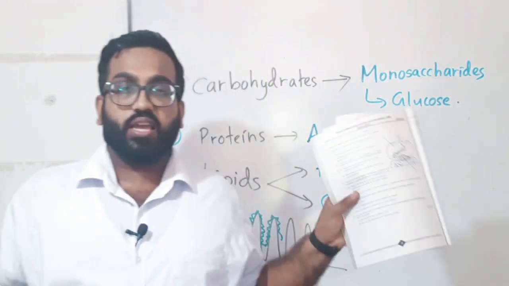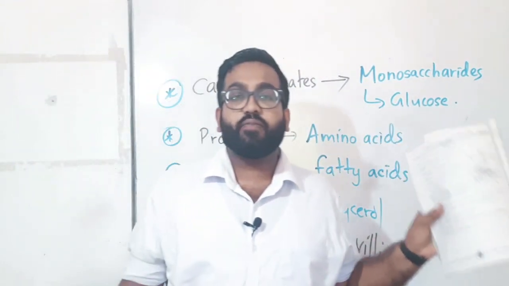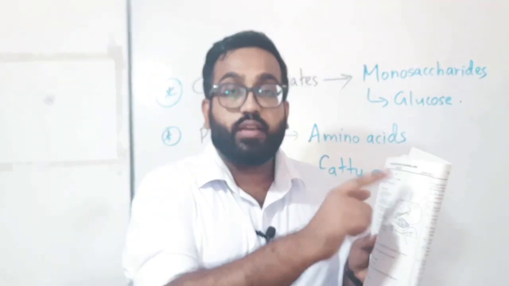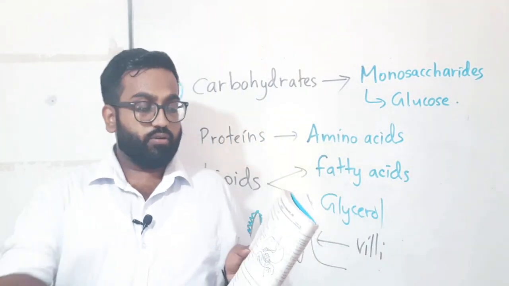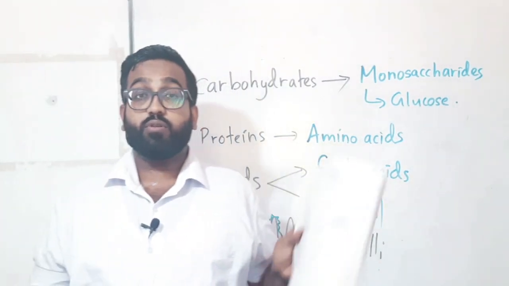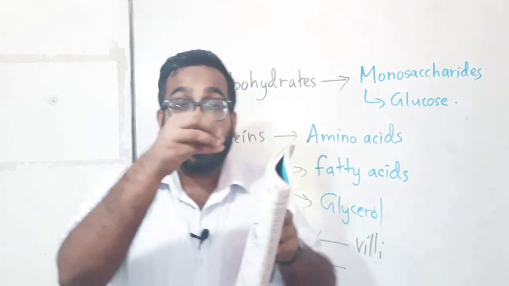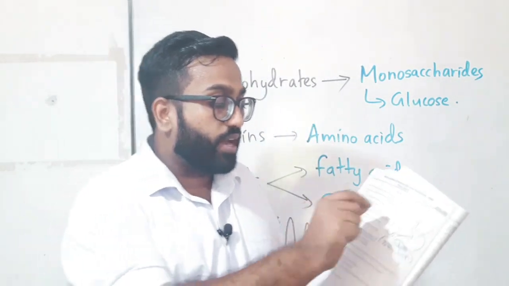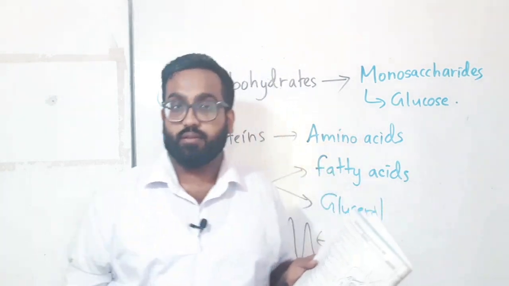You are given a labeled figure of the human digestive system in your textbook. Take it and check whether your answers are correct. All the answers for this question are included inside the textbook. Don't see the answer sheet at once. Try to find the answers from the textbook and write them using a red pen.